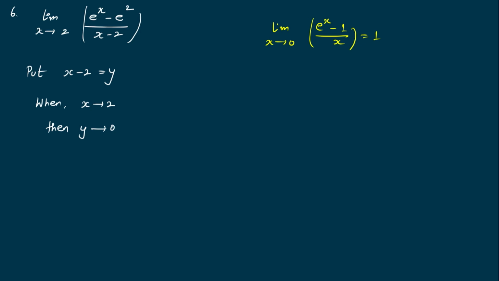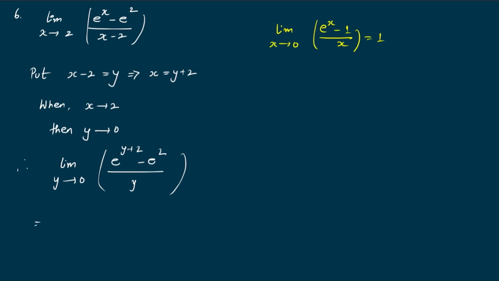From this equation, the value of x can be written as y plus 2. Therefore the question will look like this: limit y tends to 0 of e to the power (y plus 2) minus e squared, by y.